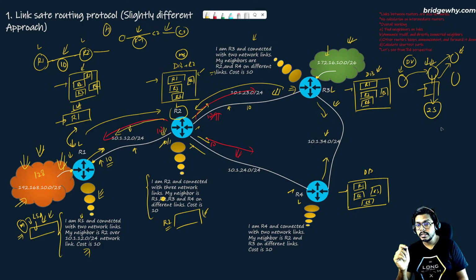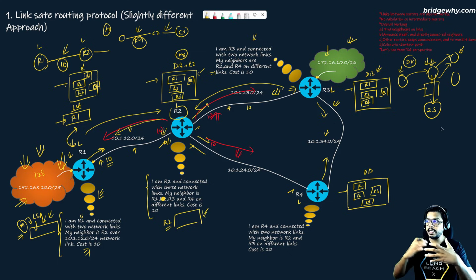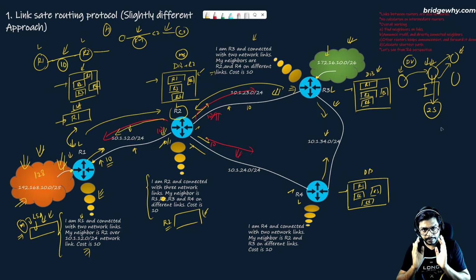It was not the case with distance vector routing protocols, because in distance vector routing protocols you were totally dependent on your neighbor. Whatever your neighbor is saying, you say okay, that is true. But now you are dependent on the neighbor just to forward those link states. But when these link states are in your database, right, from every router, you are pretty sure that now I can visualize this network. How? Let's see this in the next board, which is right here.